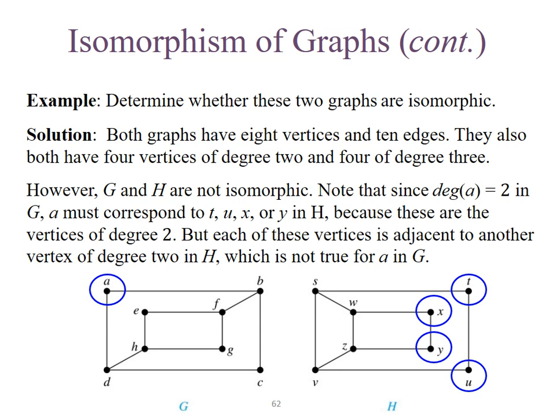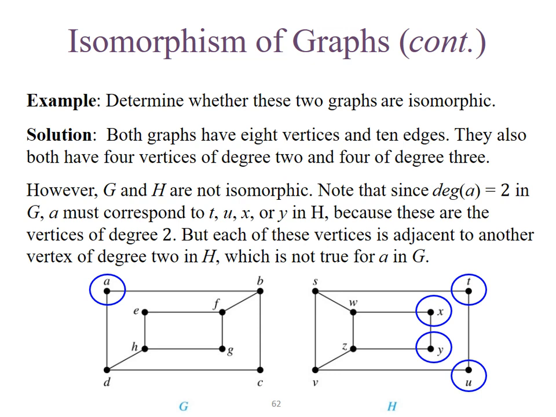Okay, because p is adjacent to u, that's a degree 2 vertex. And x8 adjacent to y is also a vertex of degree 2. Then maybe we can check how about in graph G.